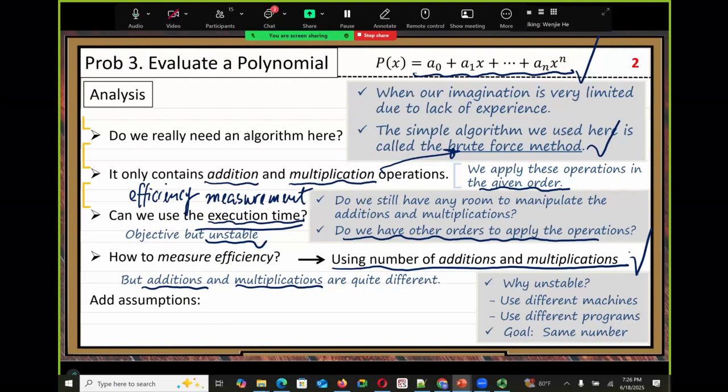For example, in one algorithm you have 100 additions and 200 multiplications. In another algorithm, you have 300 additions but 50 multiplications. Which one is better? You don't know. So you need to bridge these two objects, because there is some big difference between them.